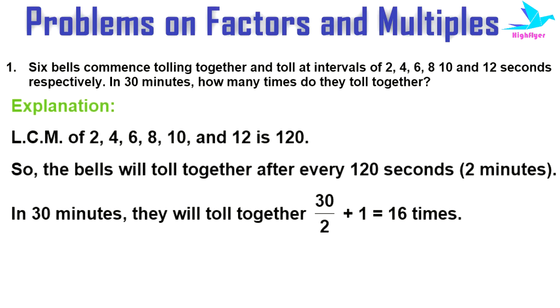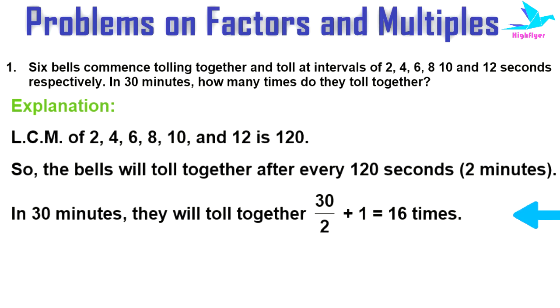Now the LCM or the least common multiple of the given numbers 2, 4, 6, 8, 10 and 12 is 120. So the bells will toll together after every 120 seconds, which is equal to 2 minutes. हर 2 मिनट में ये सारे bells एक साथ toll करेंगे.